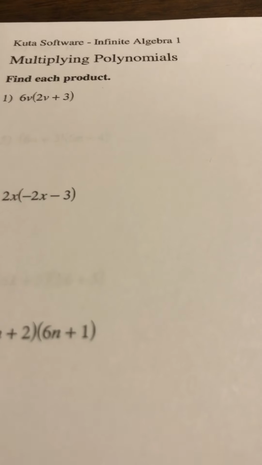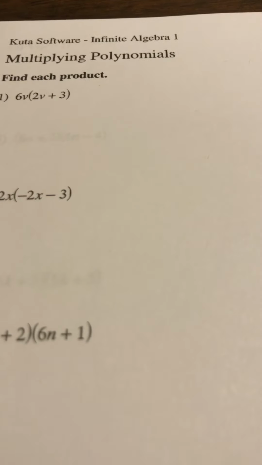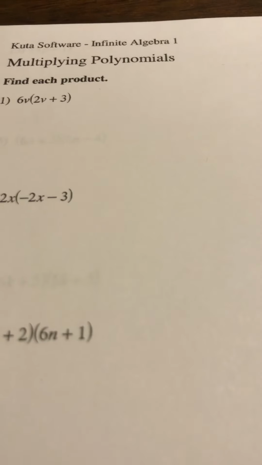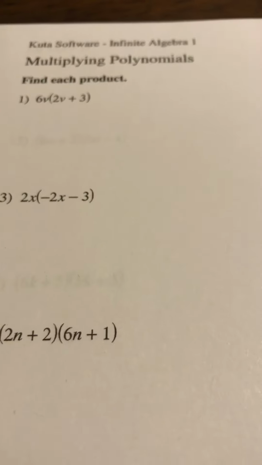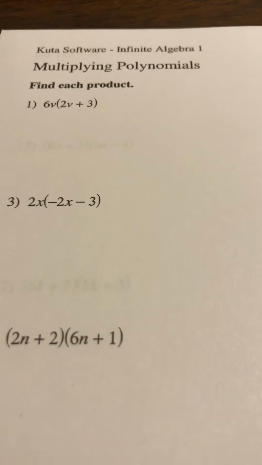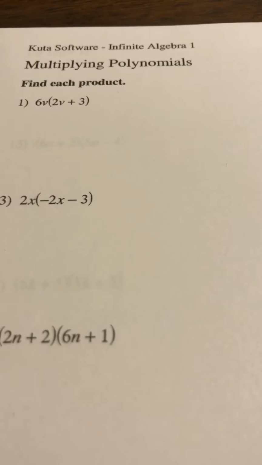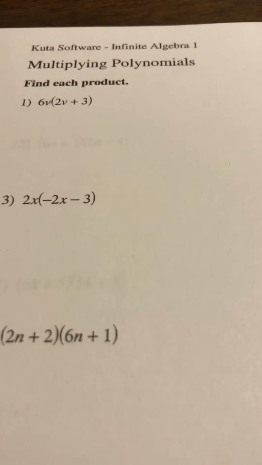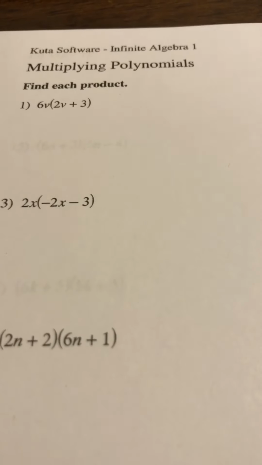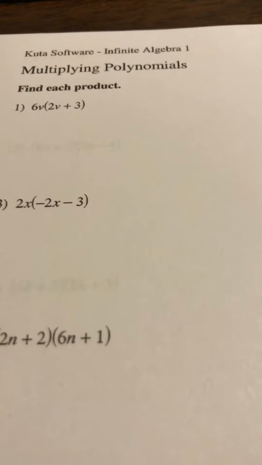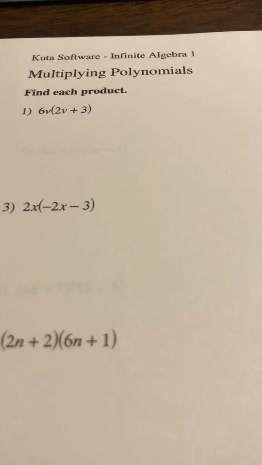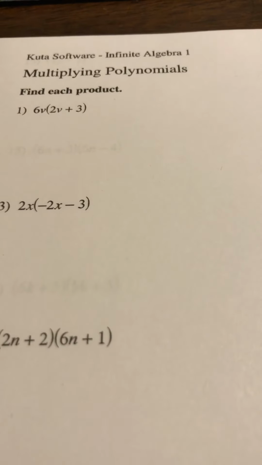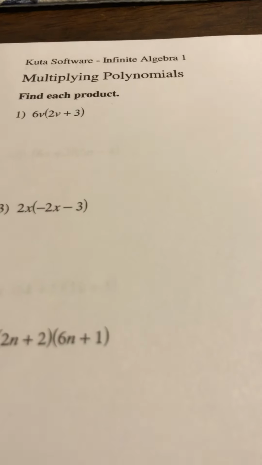So what I want you to remember whenever you're doing a monomial times a polynomial, whether it be a binomial or a trinomial or just a polynomial, all you're using is the distributive property. So when you're looking at number 1, where I have 6v times the quantity 2v plus 3, all we're doing is pure distributive property.